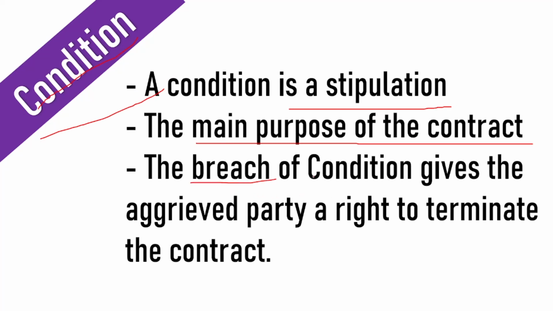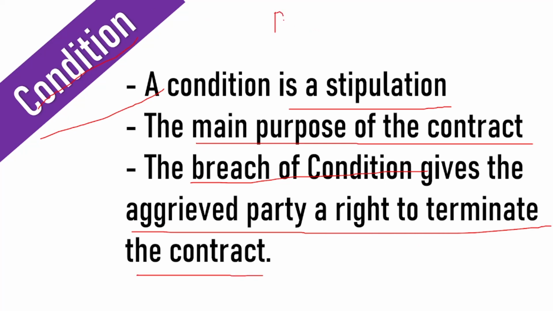The breach of condition, if you break the condition, the aggrieved party has a right to terminate the contract. See, there are two parties. Suppose there is party A and party B. Party A is a seller, party B is a buyer.